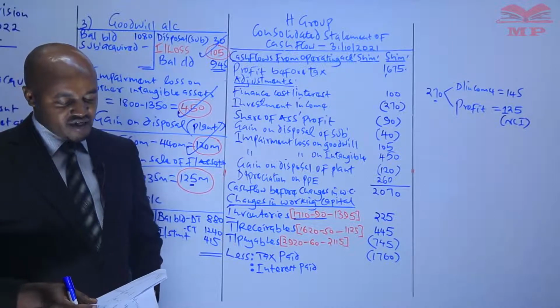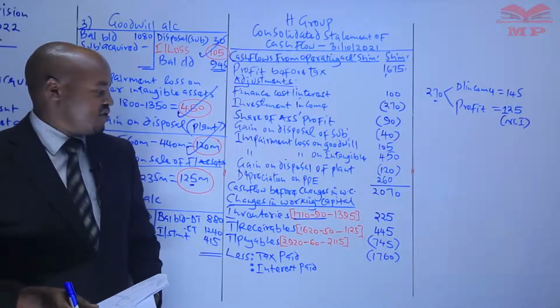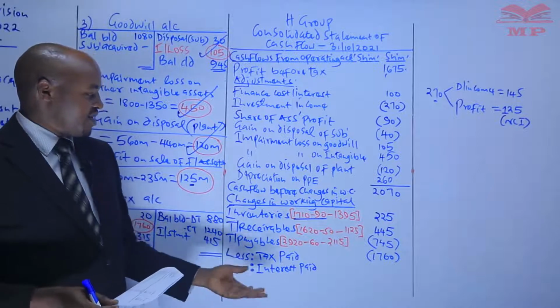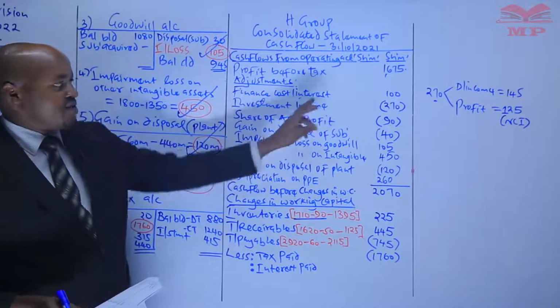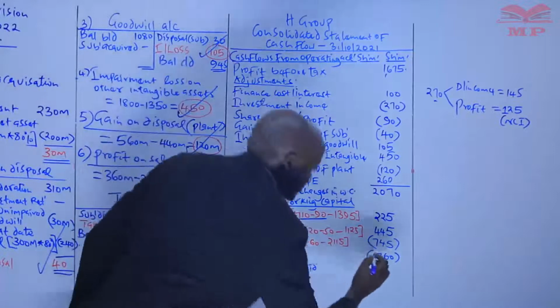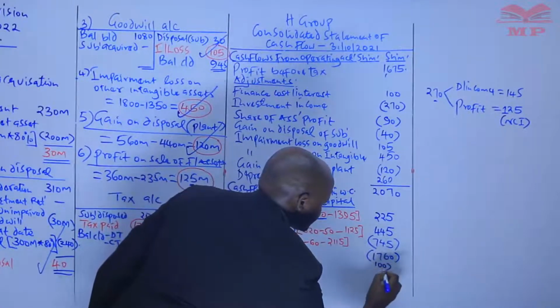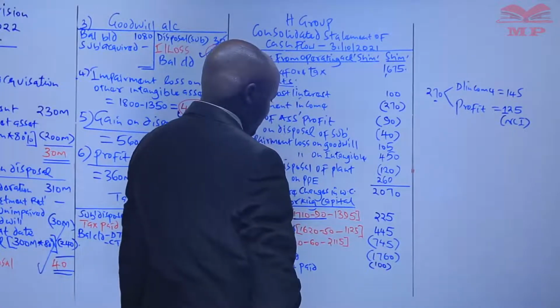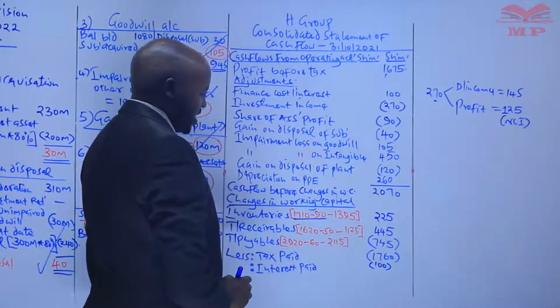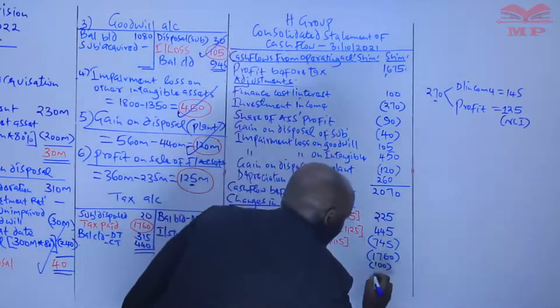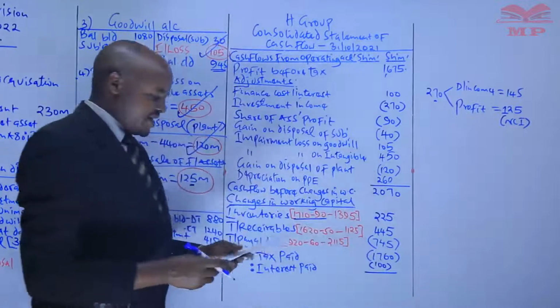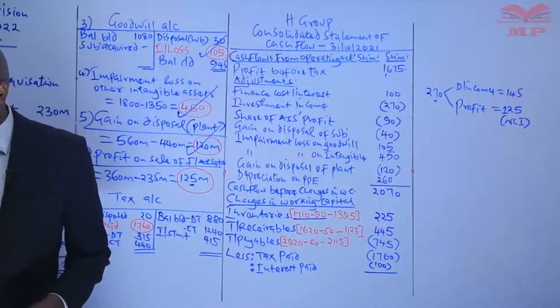No. It is obvious that the finance cost for the year, which is 100, is the amount which was paid. So we deduct it here. Remember that is still a cash outflow. And what we shall get here is the net cash flow from the operating activity.